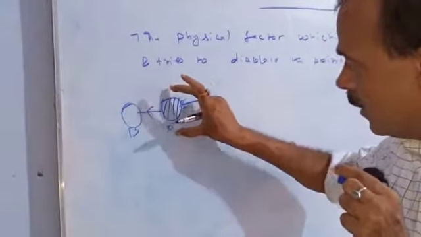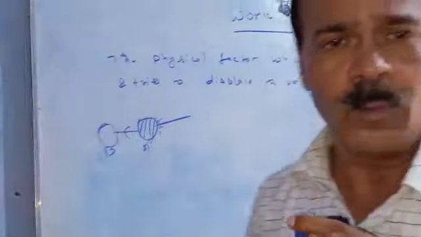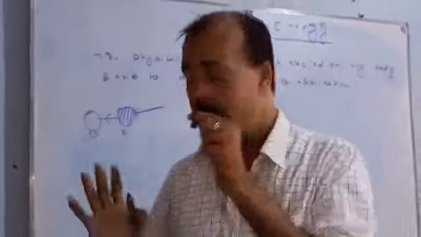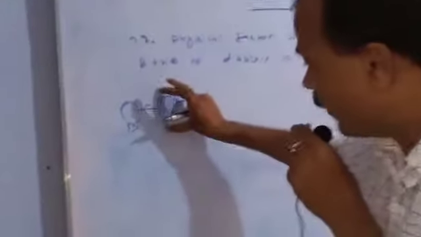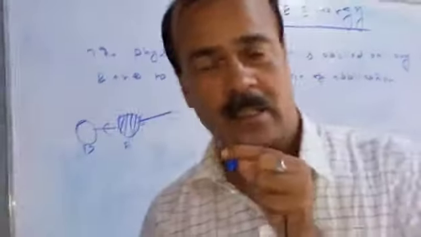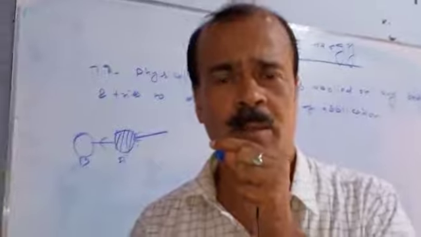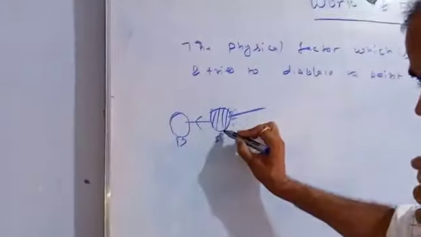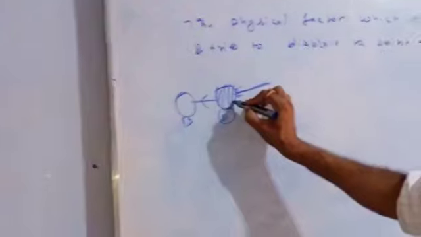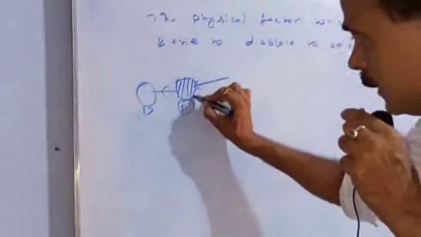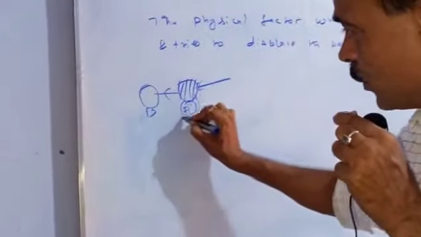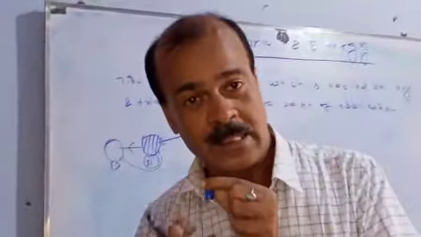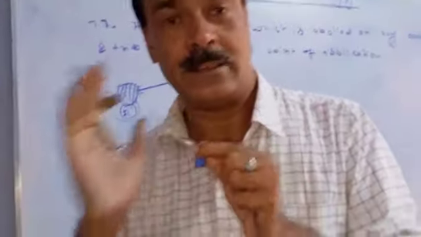When the object remains at point A, it is said that force is applied. When the object comes from A to B, force is also said to be applied. But when the position of the object changes, it comes from A to B, then I say that work is done.